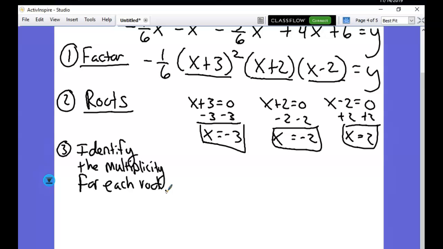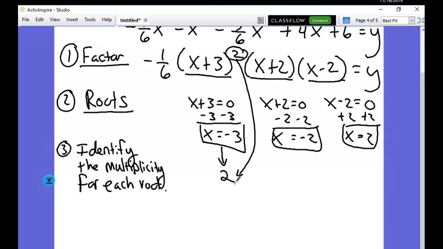So step 3 is you want to identify the multiplicity of each root. So let's take a look at -3. Now, how many times is that root going to be repeated? Twice, because you can see. So just for the sake of your notes, you might want to circle this and draw a little arrow down here like that to show us that that root is repeated twice.